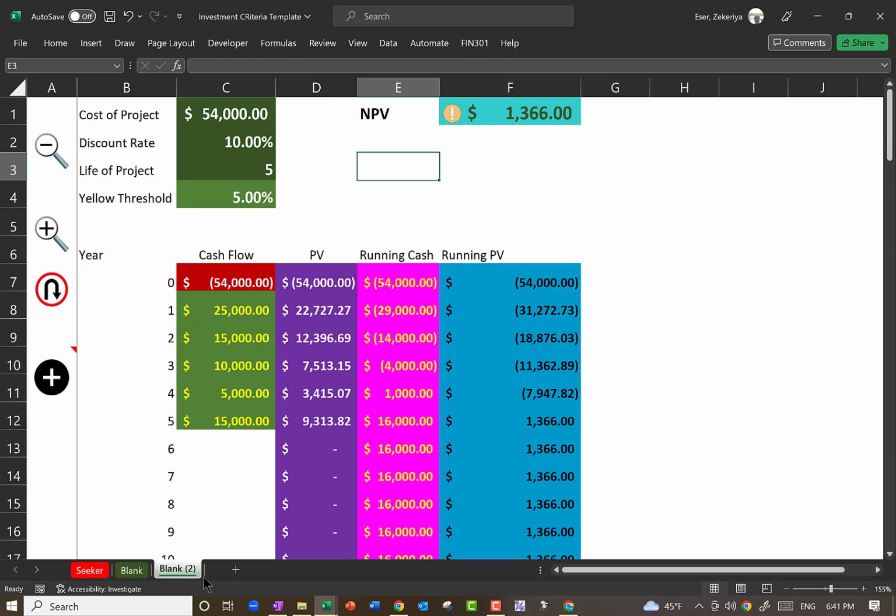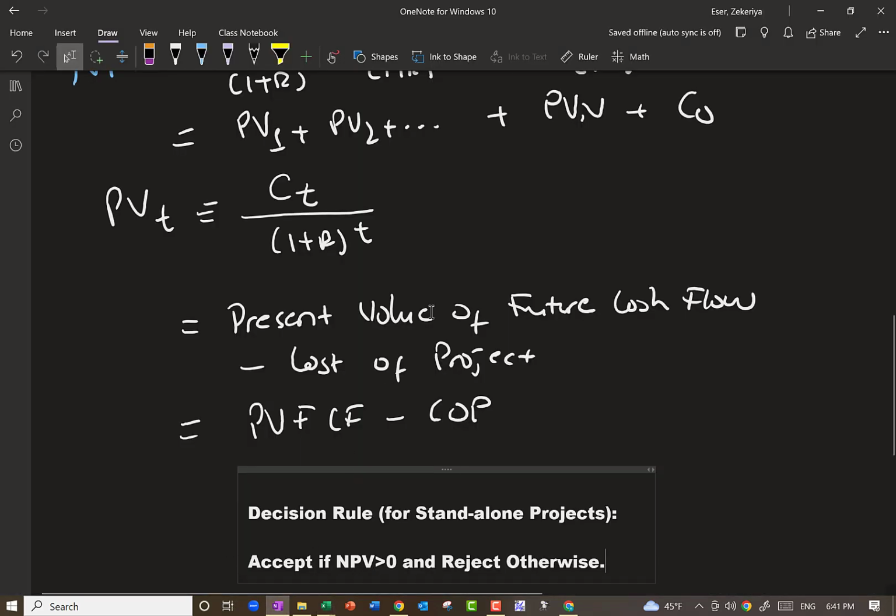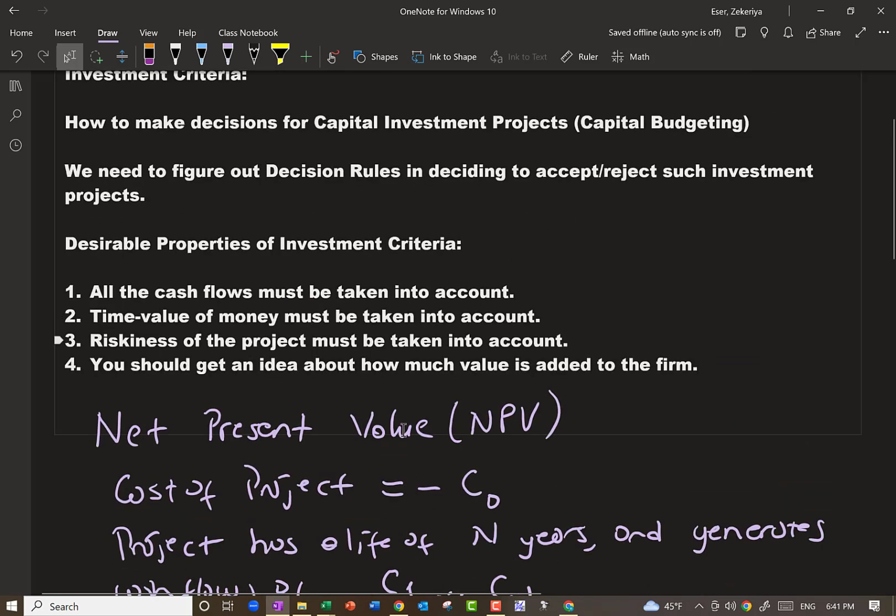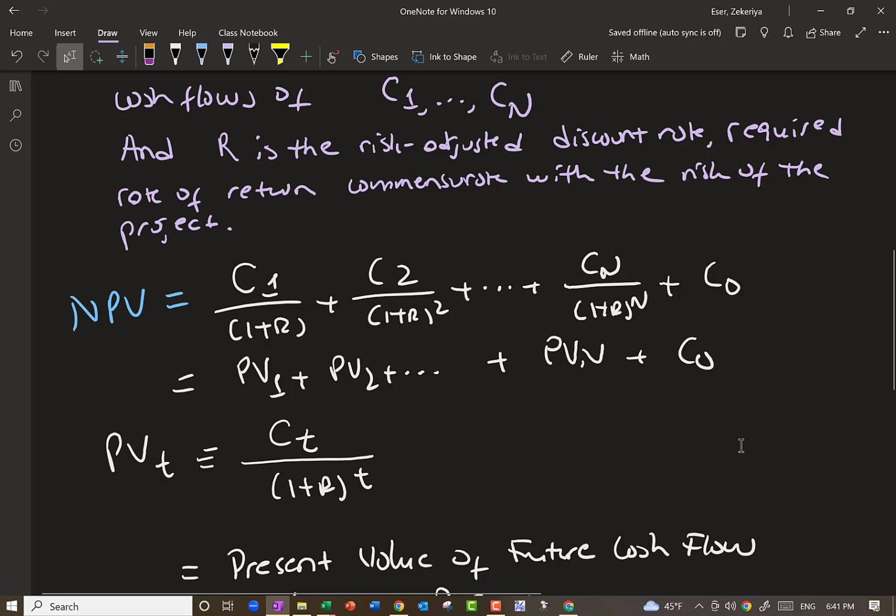Now, let's think about properties of NPV. First and foremost, does it take all the cash flows into account? Just look at the definition. Is there any cash flow that's left out of calculations?